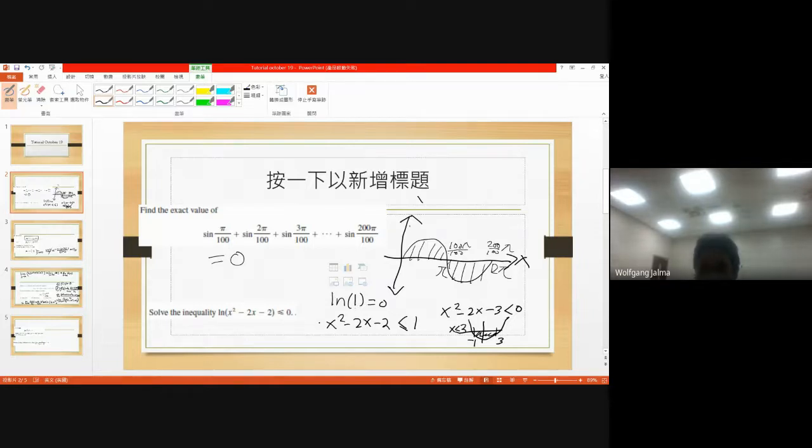So this one must be bigger than 0. So we have two inequalities, right? The right part here, we find that it is between -1 and 3. Now we must find the left part, that is 0 must be bigger than x squared minus 2x minus 2.